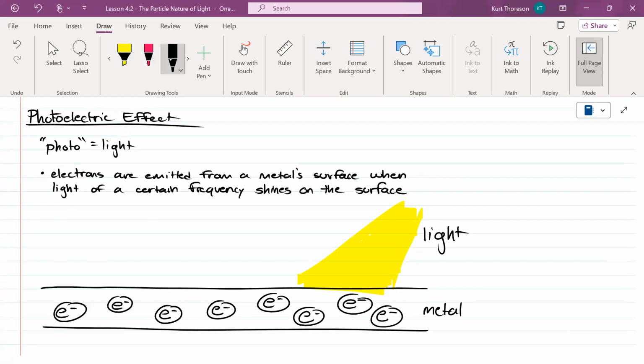According to the definition of the photoelectric effect, when this light shines down on the metal, some electrons escape. And those electrons give off a frequency.